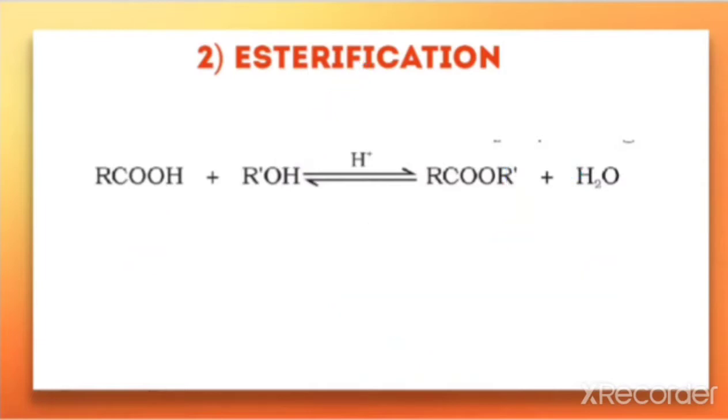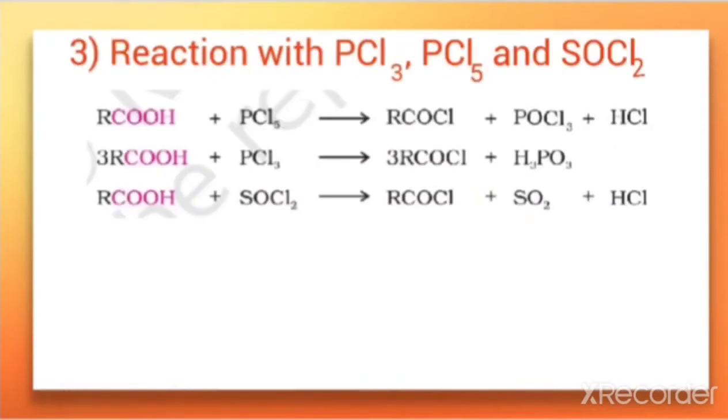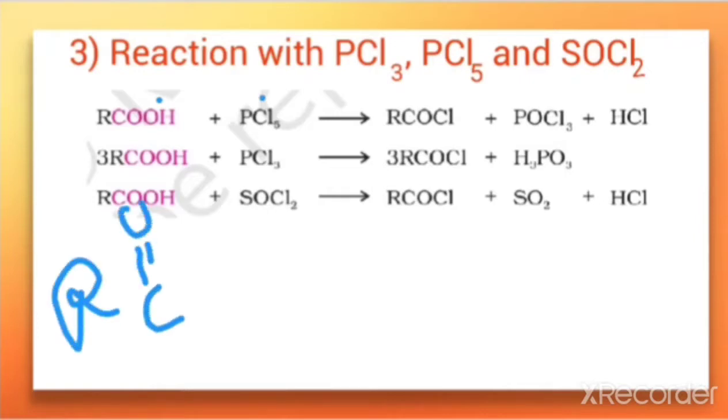Next we'll discuss the reaction with PCl3, PCl5 and SOCl2. The reaction of acid with PCl5 gives rise to RCOCl. Here, to see what we need to do in this reaction, I will expand one of the reactions: RC double bond OH, that is the acid, when treated with PCl5, PCl3 or SOCl2.